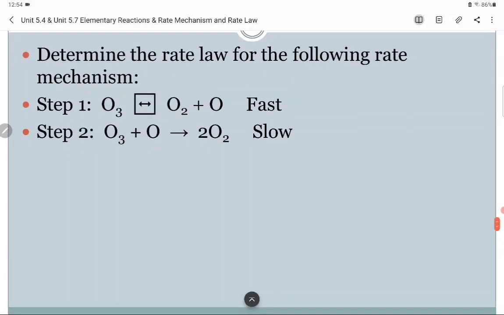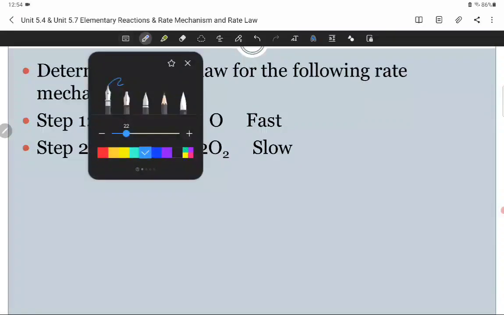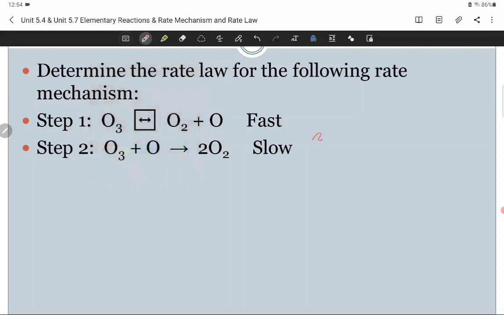So determine the rate law. Our first idea would be to write a rate law with that slow step. So rate equals k times O3 to the first and O to the first. Those are our two reactants in the slow step, and the coefficients of 1 would be powers of 1.